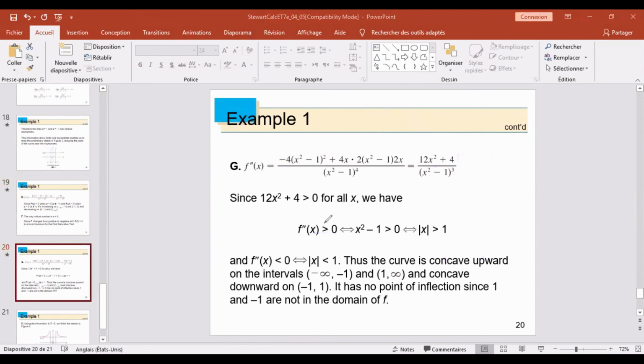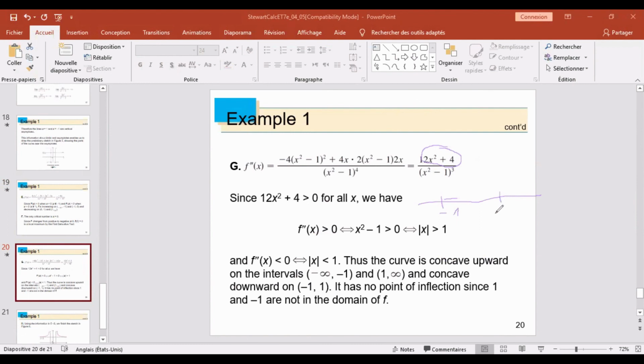When we evaluate the second derivative, it's like that. You have to know at what time it's positive and at what time it's negative. Now the numerator is positive because 12x squared plus 4 is positive, and this one equals 0 in 1 and minus 1. Then it's positive in the right of 1 and the left of minus 1. How is the method? We take minus 1 and 1.